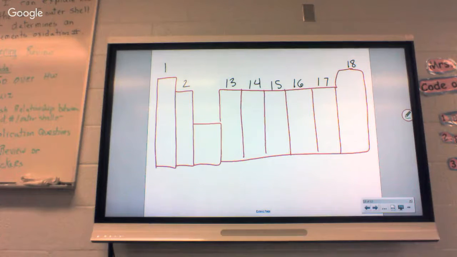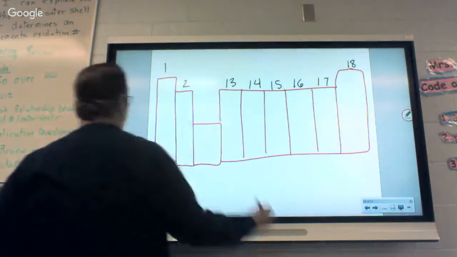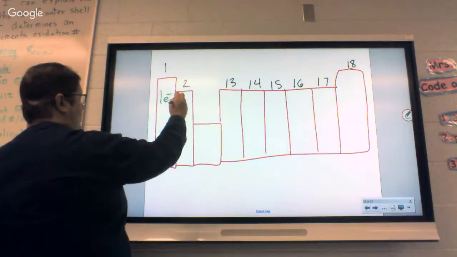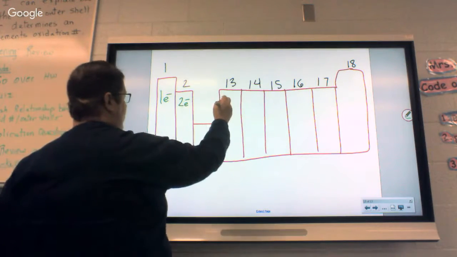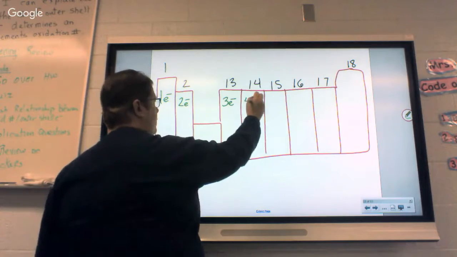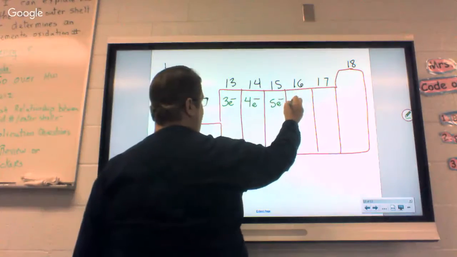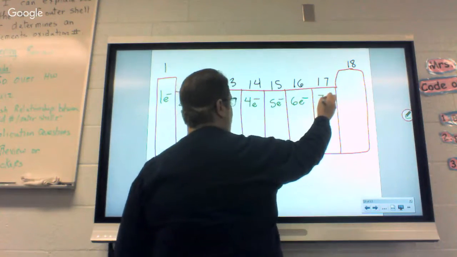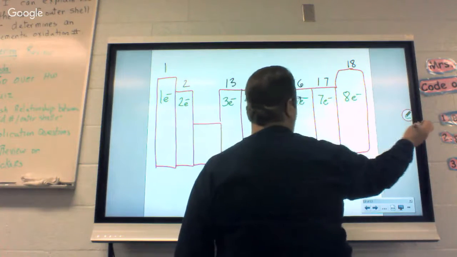Now, when we talk about reactivity of the elements, it's easier to do that if we summarize a little bit in the periodic table. So, we know the outer shell electrons at this point are 1 electron, 2, 3, 4, 5, 6, 7, and 8, correct?